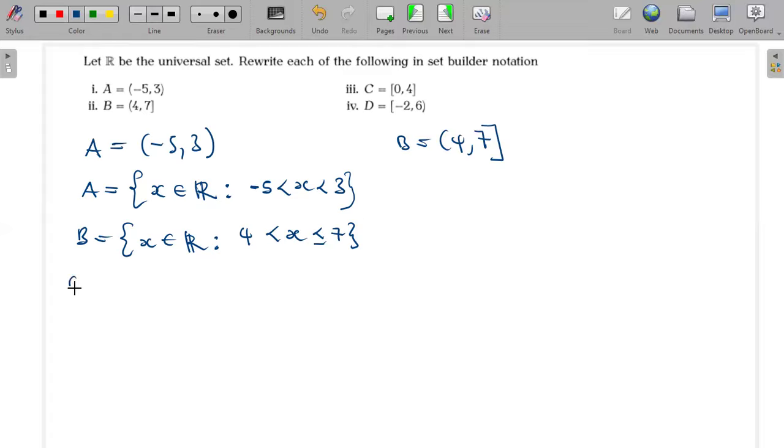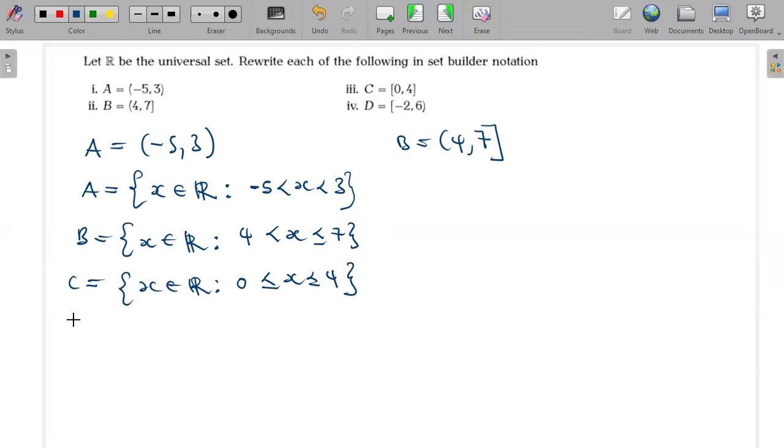And then you have C. So C is going to be x in the real numbers such that 0 is less than or equal to x, less than or equal to 4, like that.